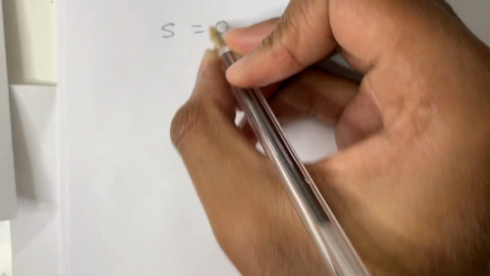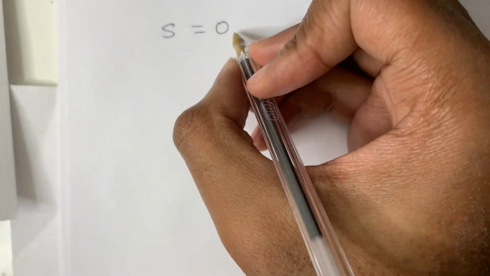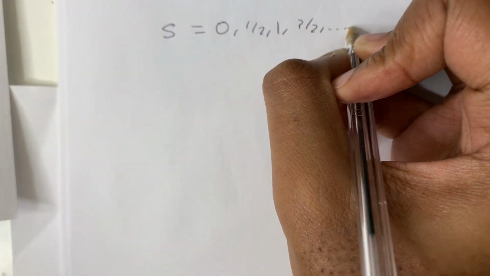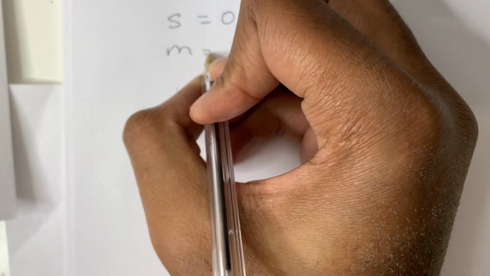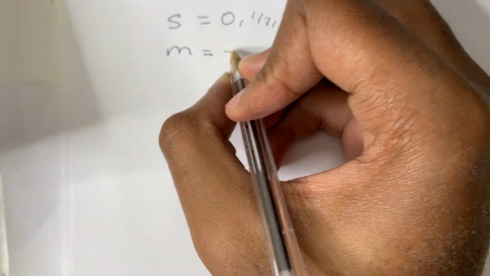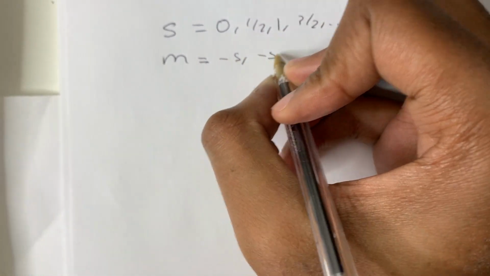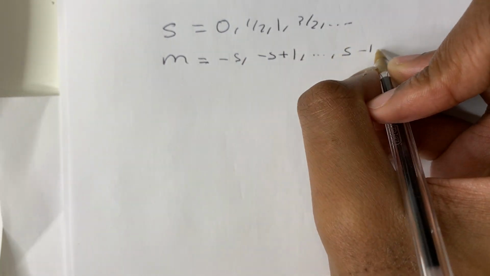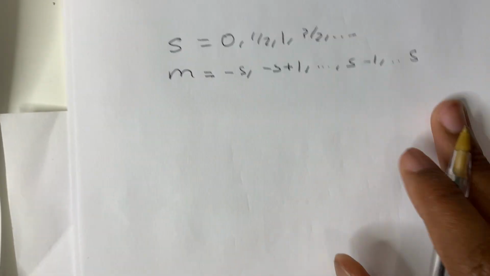Sorry, I actually made a slight mistake. S can also be 0, by the way. So it can be 0, 1/2, 1, 3/2, and so on. But m can take on values of minus s, minus s plus 1, all the way to s minus 1, to s.